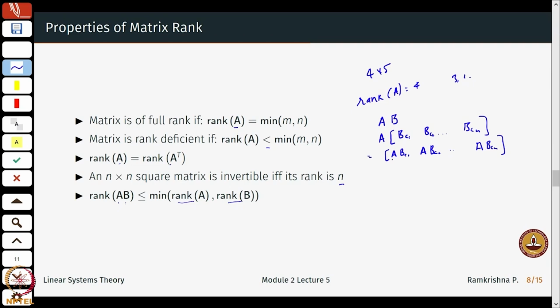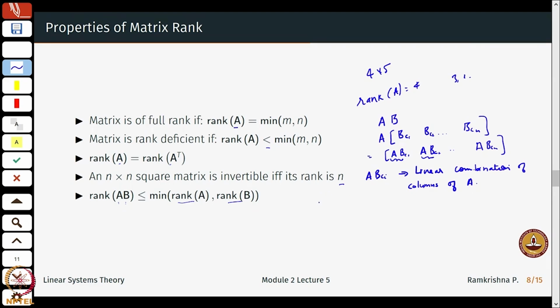Now, if I take any one of these, A multiplied with the ith column of B will be some kind of a linear combination of columns of A. I think that should be easy to check.